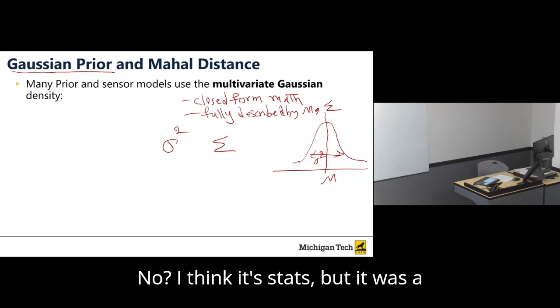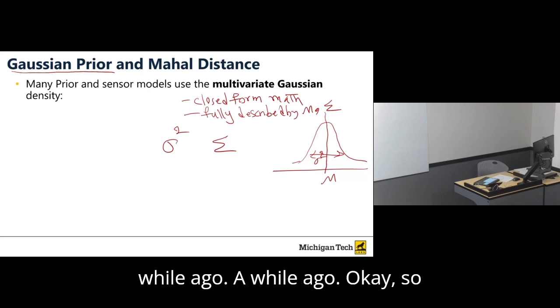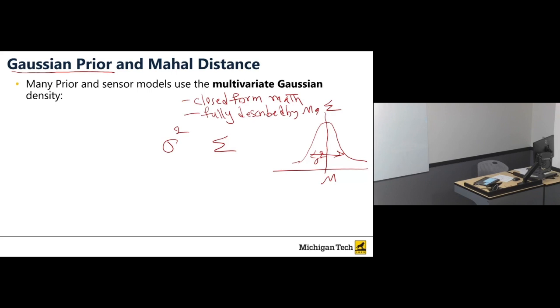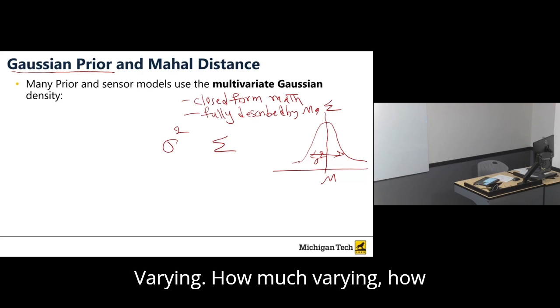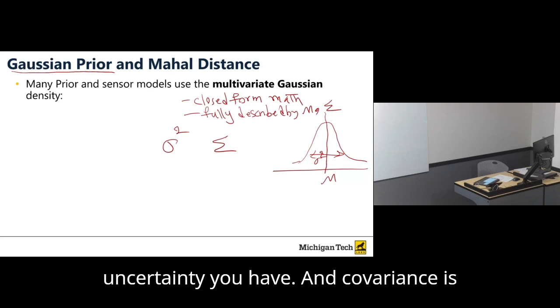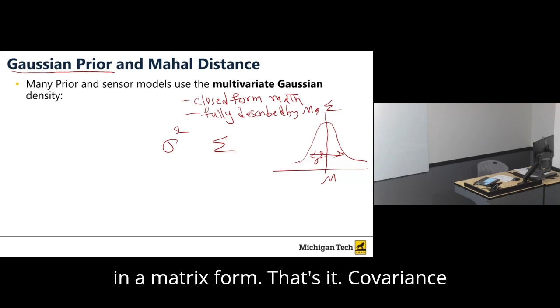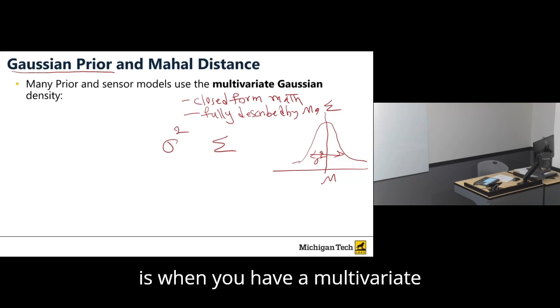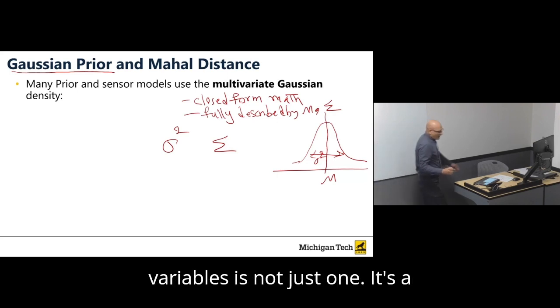It's stats, but it was a while ago. Okay, so what does variance mean? Varying. How much varying, how much tolerance you have, how much uncertainty you have. And covariance is in a matrix form. Covariance is when you have a multivariate Gaussian, when your random variable is not just one, it is a vector.